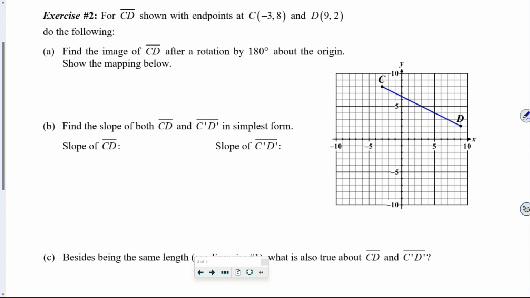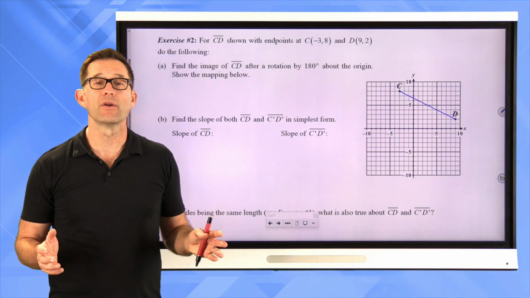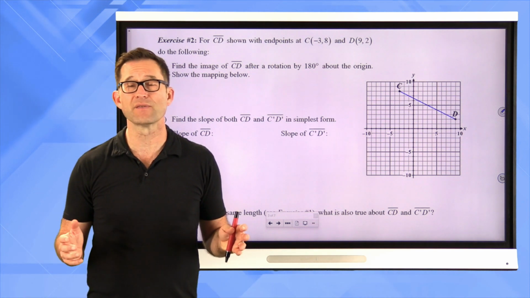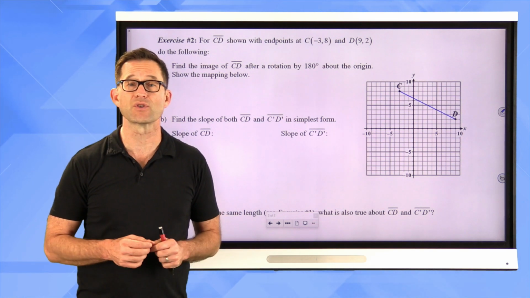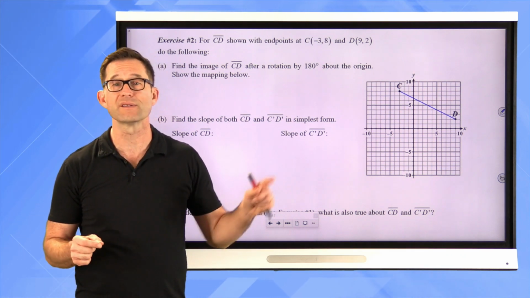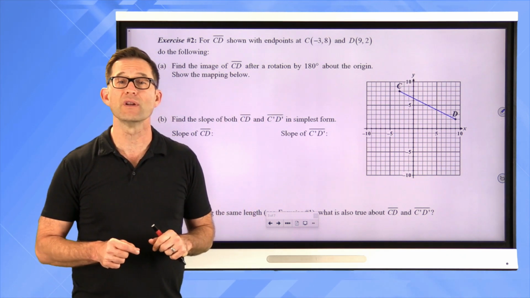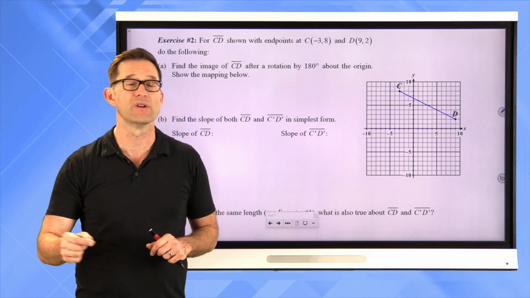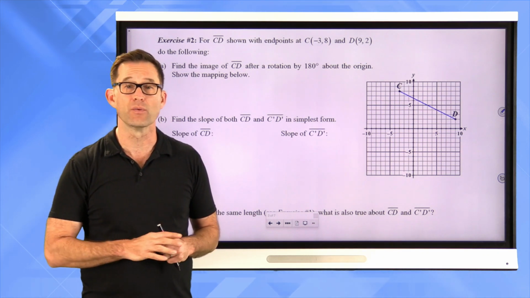Letter A. Find the image of segment CD after a rotation by 180 degrees about the origin. Show the mapping below. All right, now 180-degree rotations will almost never be specified with a direction because, as we've discussed earlier in this course, it doesn't matter whether you go clockwise or counterclockwise. A 180-degree rotation is a half of a complete rotation, so it doesn't matter which direction you go.